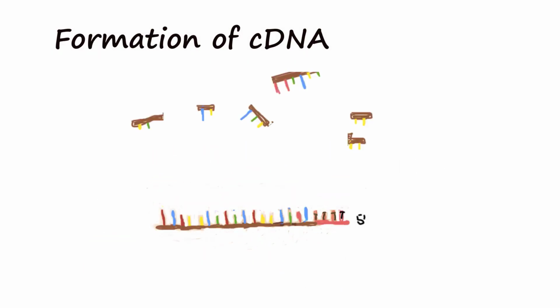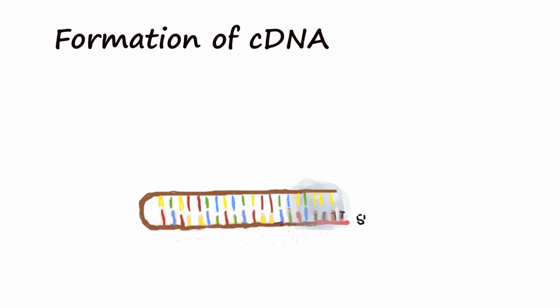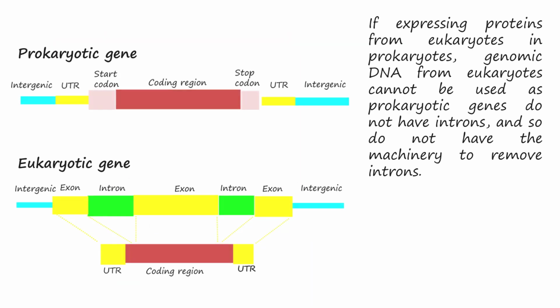Complementary DNA or cDNA from reverse transcribed mRNA is used instead of genomic DNA when expressing a eukaryotic gene in a prokaryotic cell. Prokaryotes do not have the molecular machinery to splice out introns, the non-coding region found within a gene in the genome, as prokaryotic DNA, like cDNA, does not have introns.